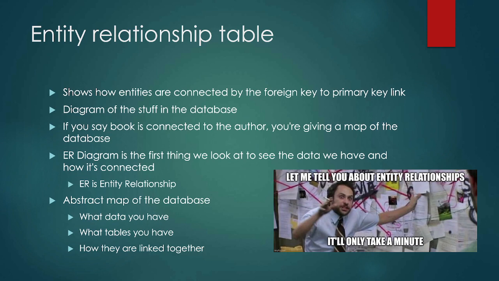And that's basically a picture that allows us to see how the data is being saved so that we would be able to see very clearly how the book table relates to the author table. And then if we had other tables, how those would relate as well. It gives us an abstract map, so we'll know the data that we have, the tables that we have, and how they are all linked together so that we can see how our database is organized.